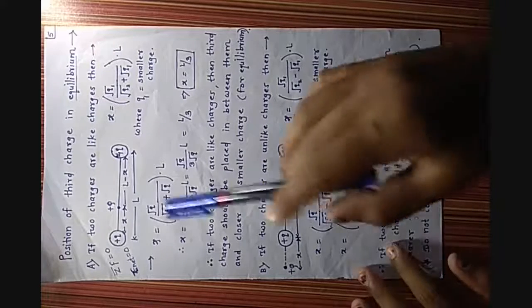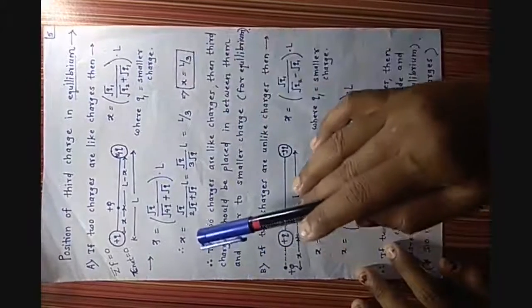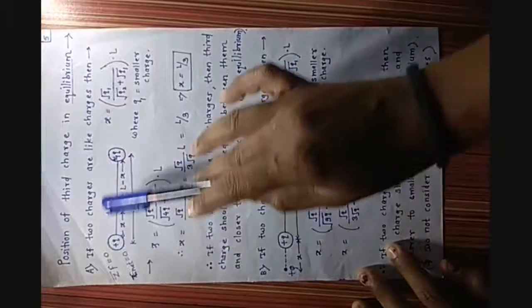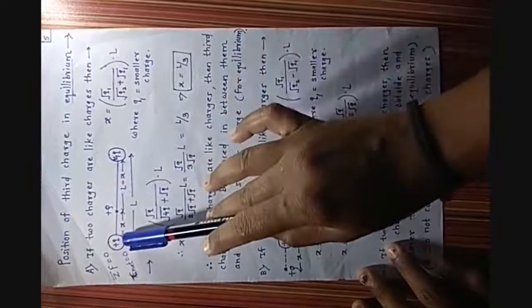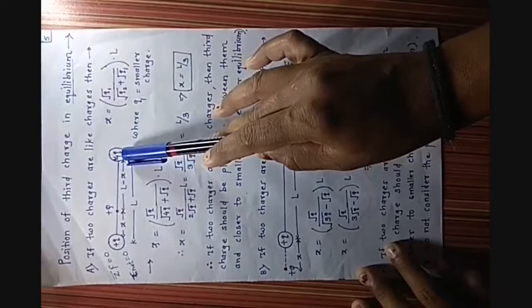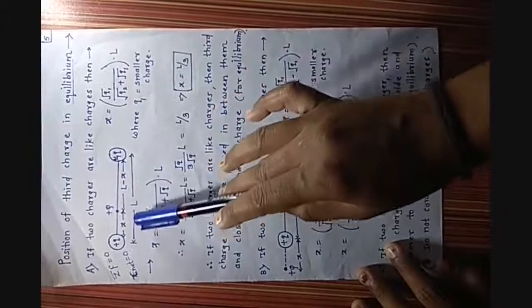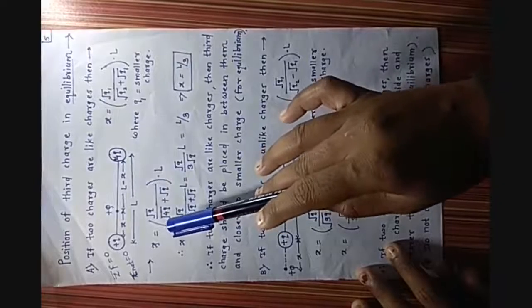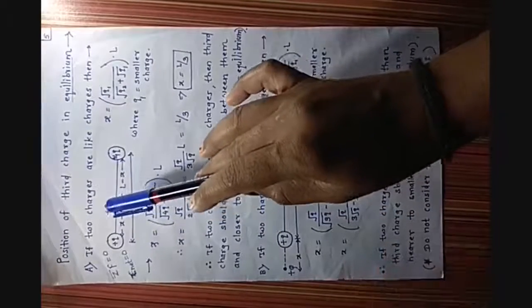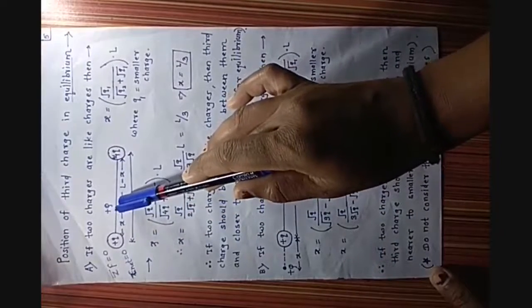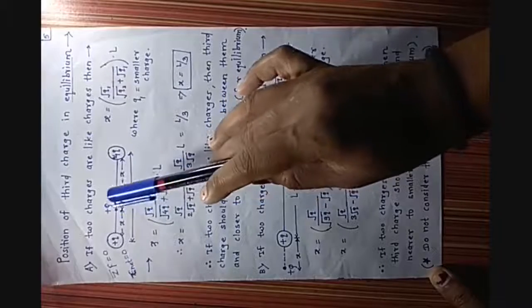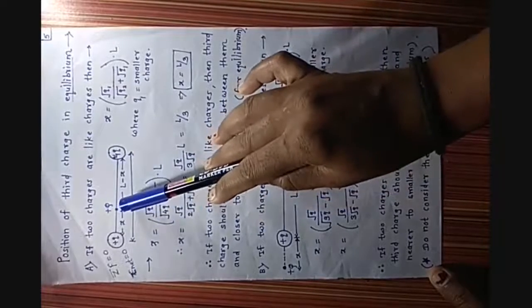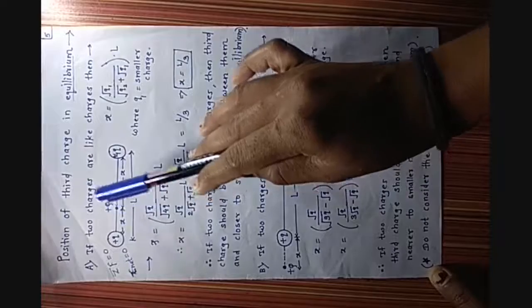So the question is like this. Two like charges are given, plus q and plus 4q, which are separated by a distance capital L. Then where should we place the third charge, plus capital Q, so that this charge would be in equilibrium?